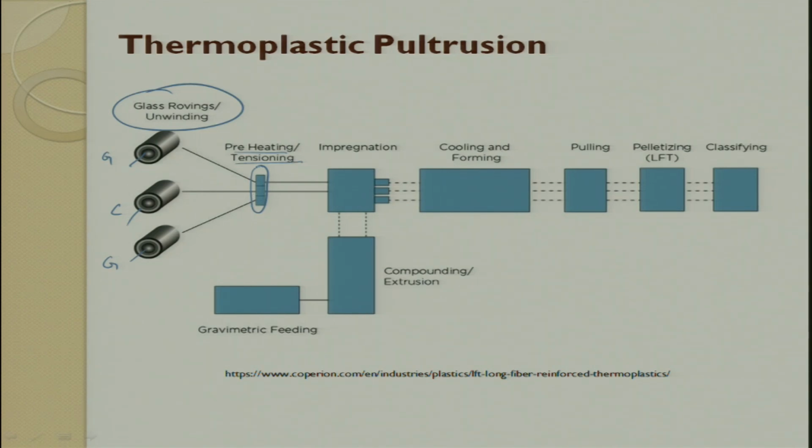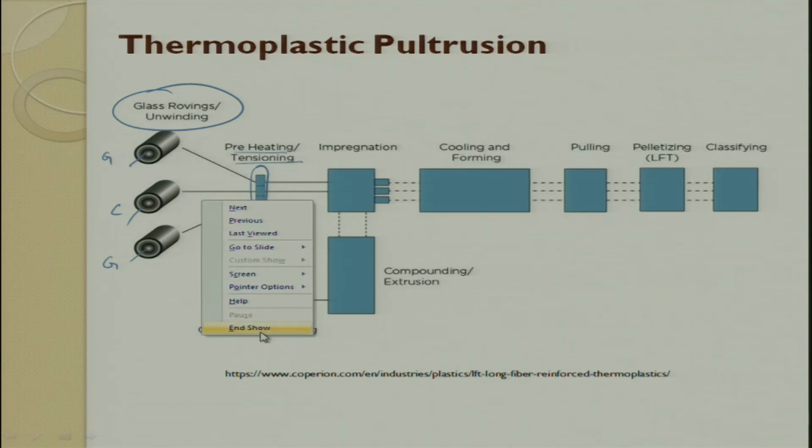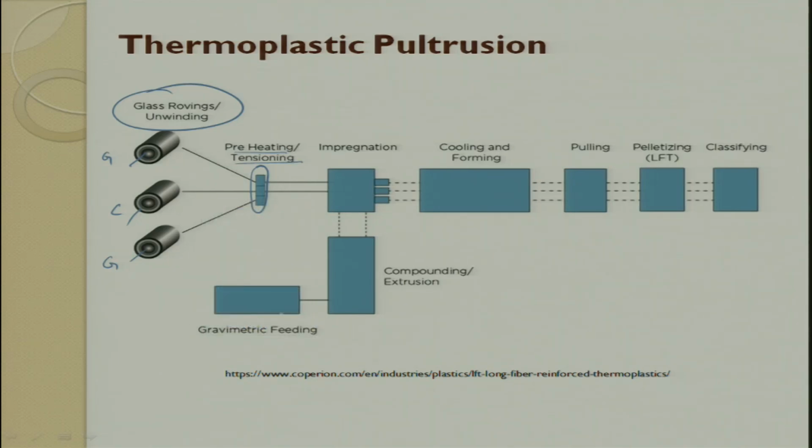So, this has to be done in the first stage, wherein we do a small amount of preheating, and we also try to maintain some amount of tensioning. Then after this, through the feeding unit, we give the compound, whatever it is, which is extruded, and it is getting impregnated in this facility.